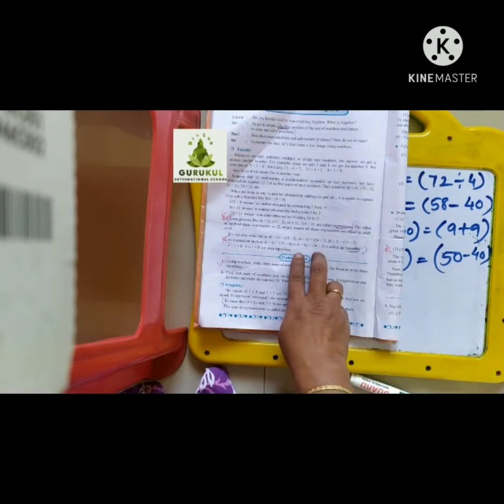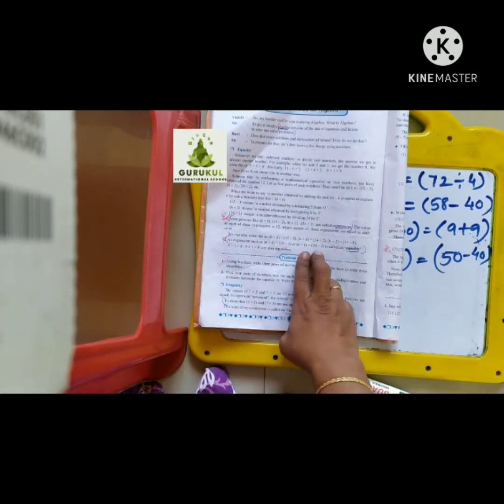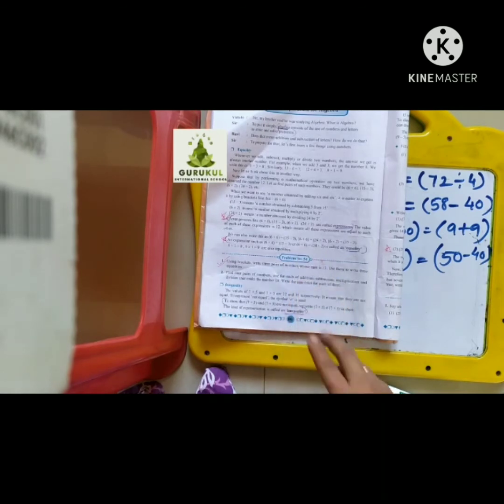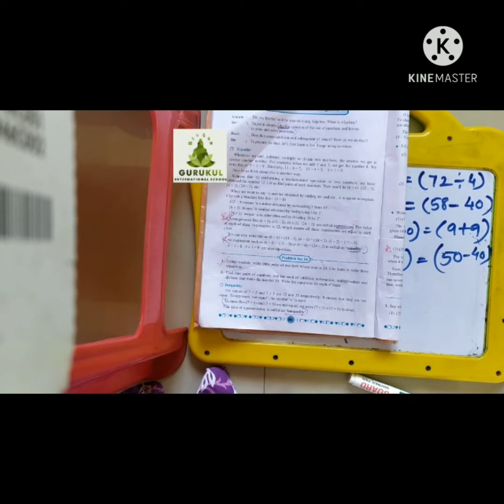And when the right hand side and left hand side of the expression give you the same answer, we say it has to be equality, and if they are giving you different answers, you say it has to be inequality with either a greater mark or a smaller mark. I hope you all have understood the basic concepts. Okay, so we'll meet in the next class with the next topic. Thank you.